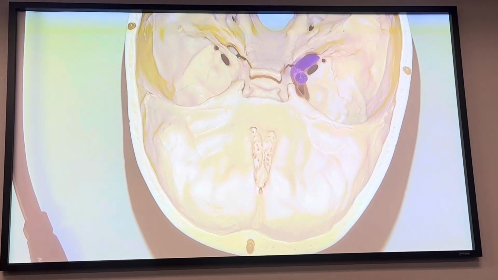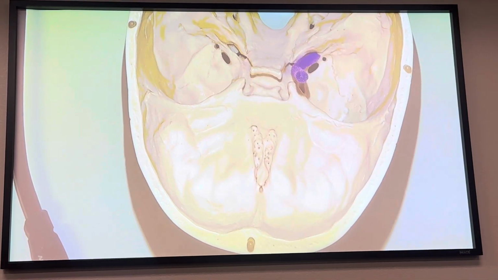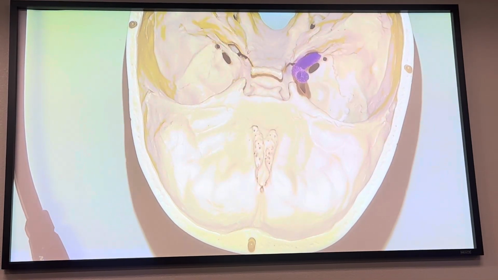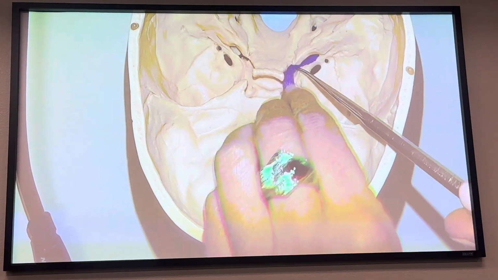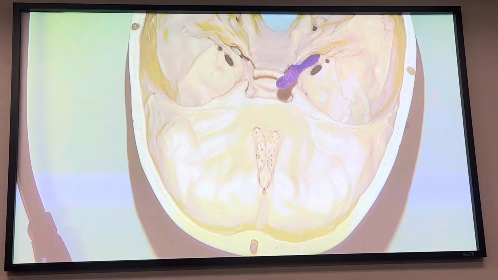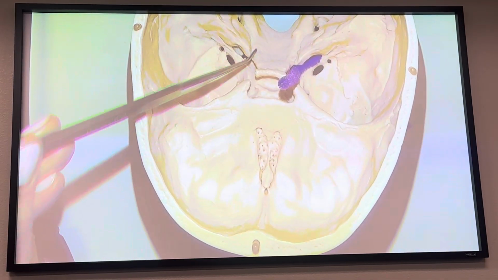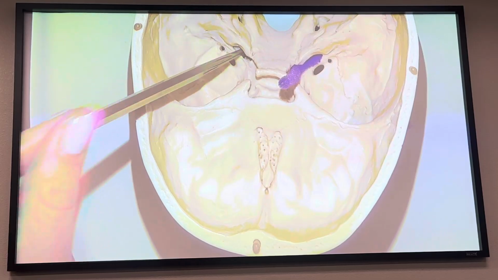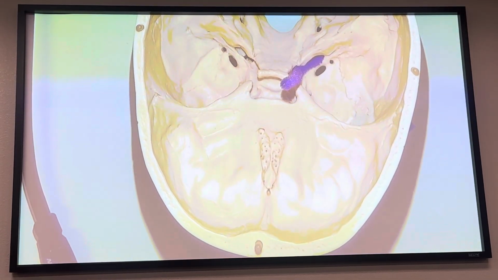So we have one more structure inside of the middle cranial fossa that is not a cranial nerve, but again, worth mentioning. It's the hole that I have the pipe cleaner coming through. So you can see on the side where I don't have the pipe cleaner, we have this like big gaping hole. So this is known as the foramen lacerum.